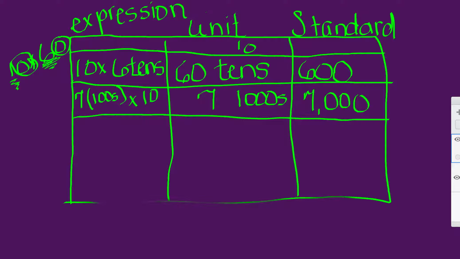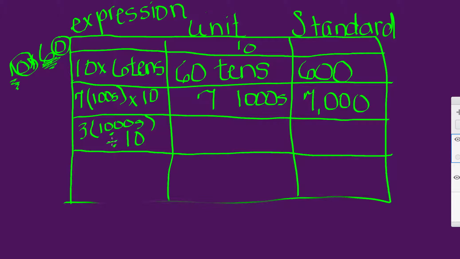The next question is asking you 3 thousandths divided by 10. So the divided by is telling you that on your place value chart, instead of getting bigger, now we're going to get smaller.